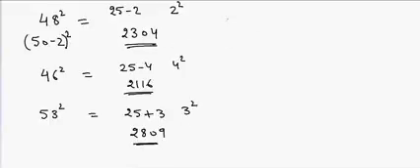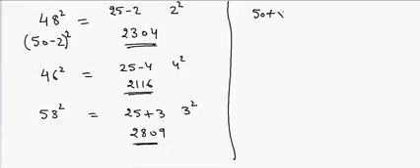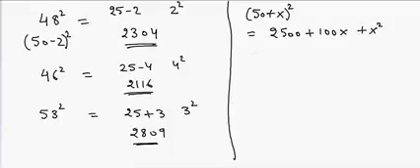How does this trick work? Let's look at the left side. If we have something close to 50, it can be written as 50 plus x whole square, and that can be written as 2500 plus 100x plus x square, which is equal to 25 plus x, into 100, plus x square.